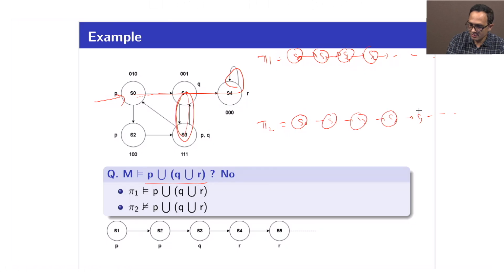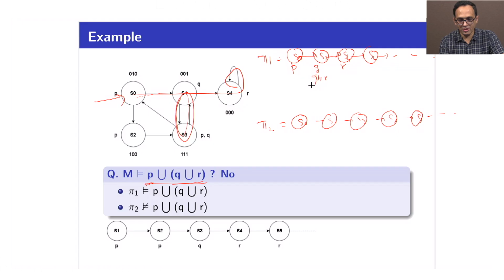Now, let us see what is happening here. What I have to do is check P holds until Q until R holds. I have to label the states where Q until R holds. For example, here P holds, Q holds here, R holds here. So, I can say that in this state Q until R holds, because Q holds here and R holds in the next state.